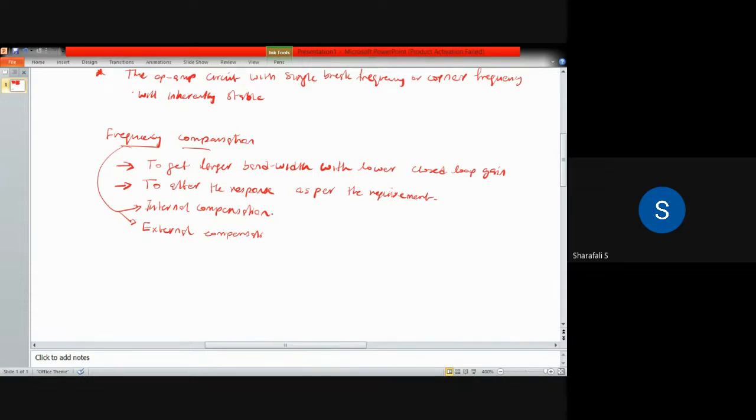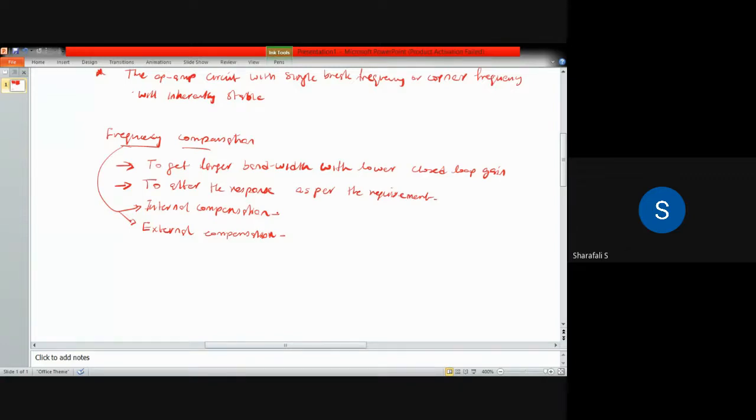Internal compensation is that the compensation will be done inside the op-amp itself, and for external compensation we have to use some external circuit in order to compensate. That is the basic difference.